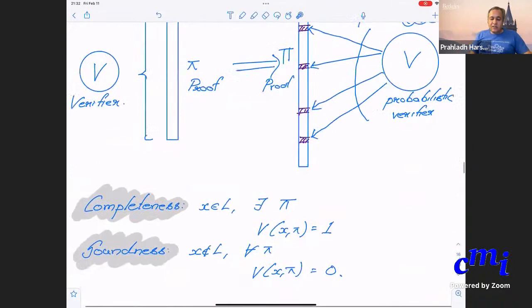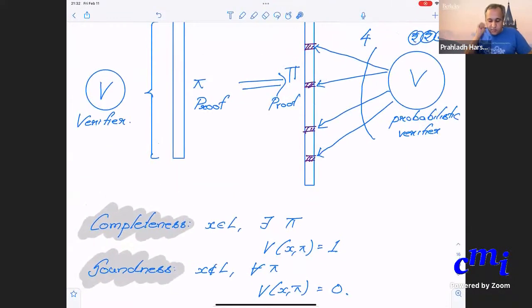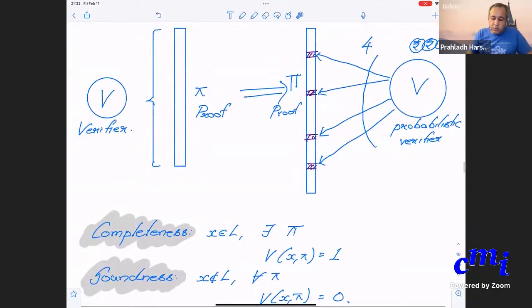Let's go back to our completeness and soundness statements. We had X previously in the deterministic verifier. This was what completeness meant. If X is in L, then there exists a proof such that V of X, pi is 1.